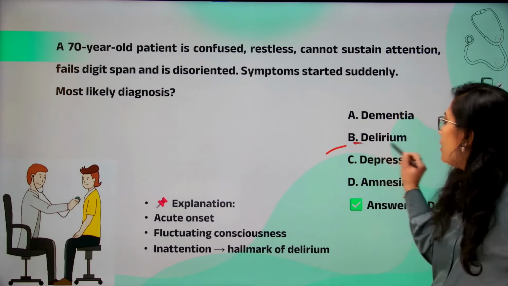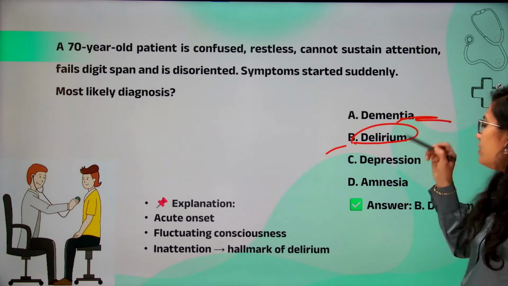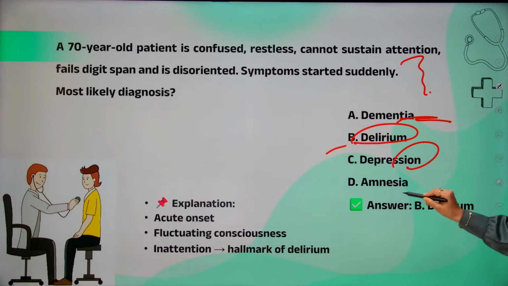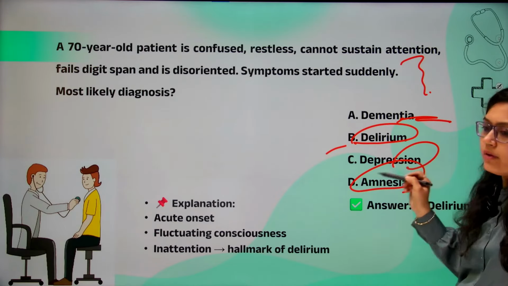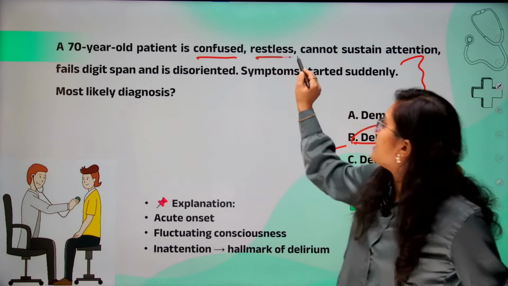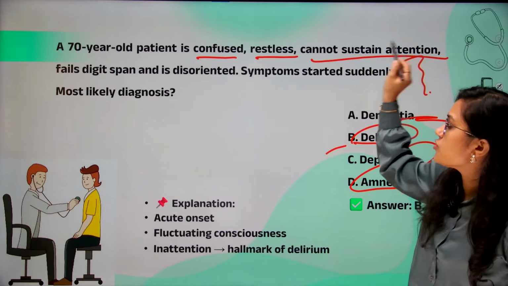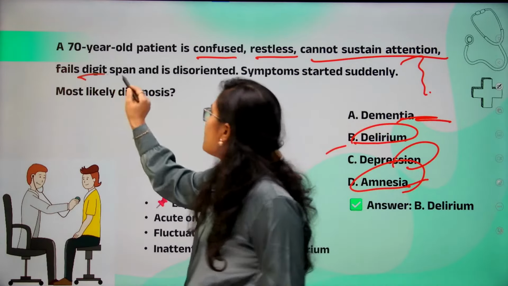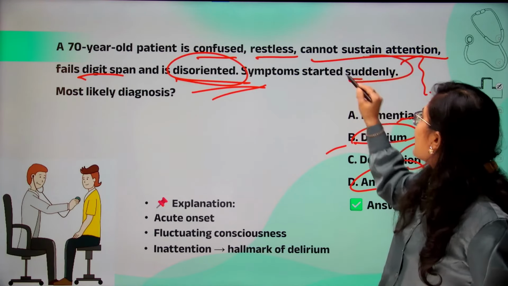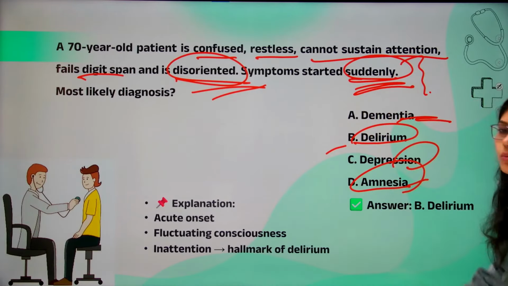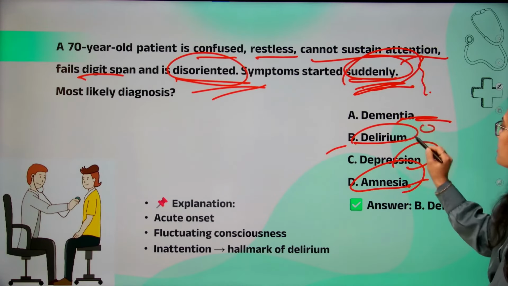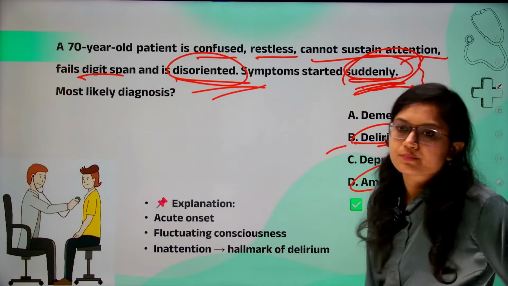Why? Because dementia would have a loss of memory, and depression doesn't always have all these features. Amnesia also has issues with memory, but this patient is confused, restless, cannot sustain attention, even fails digit span, and is disoriented. And the symptoms started suddenly. This is an important word. So that suggests that the patient is in a stage of delirium. Clear?